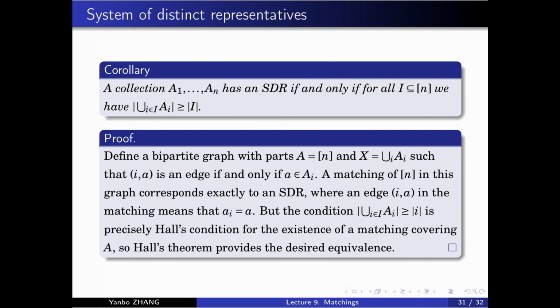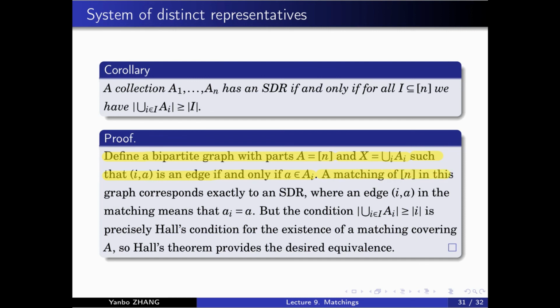Now let's see the formal proof. Define a bipartite graph with parts A equals n, which has n elements 1, 2, 3 up to n, and X equals the union of Ai, all the elements in some Ai. Such that ia is an edge if and only if a belongs to Ai.